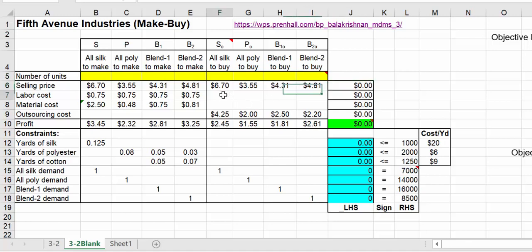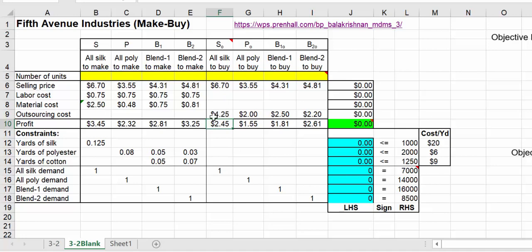All right, and then we can check our other equations. And notice there's no labor costs or material costs, because when we buy from the outsourcer, it's all encompassing, right? You need a silk tie, then it's $4.25. Okay, and notice in terms of the profit per tie, it's going to be this amount minus this amount. It is in the formula subtracting from here, but there's nothing really here, right? There's no labor cost or material cost.